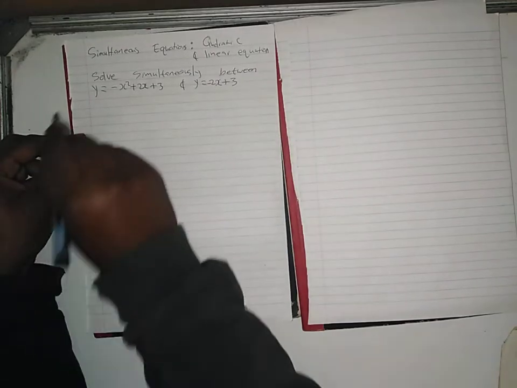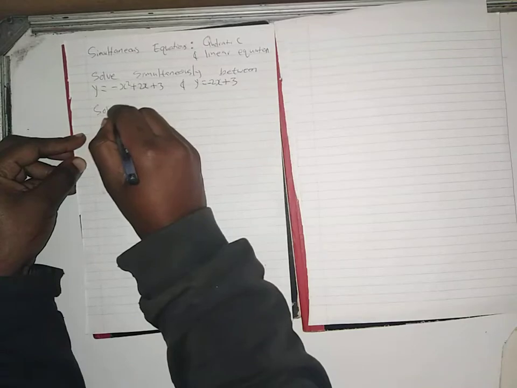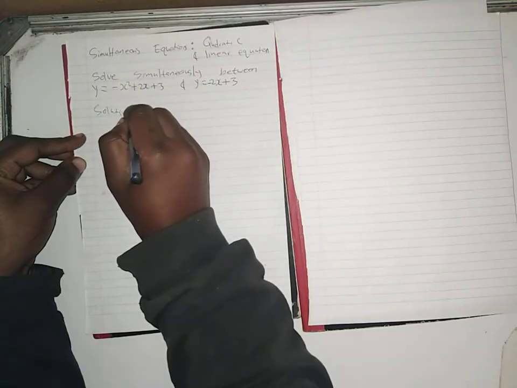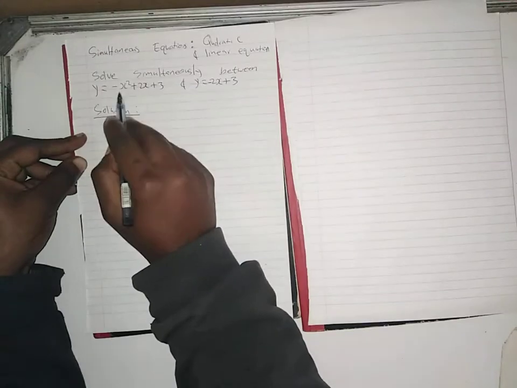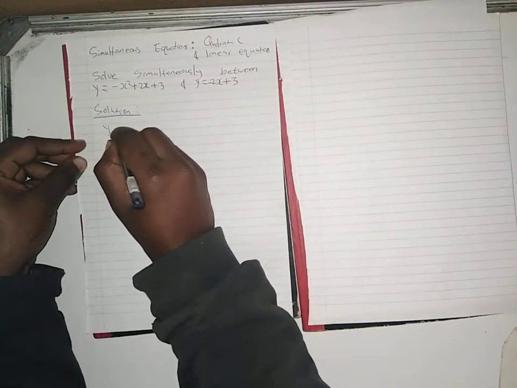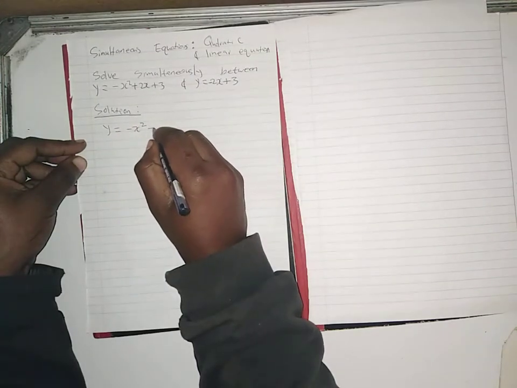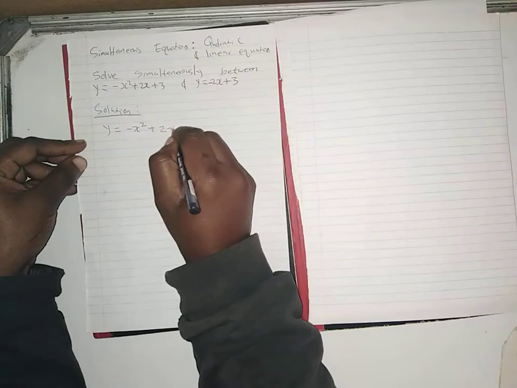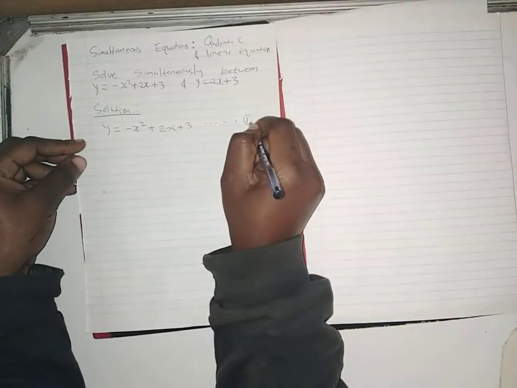The first thing that you're going to do, solution: you take one of these equations and make it equation 1. So you say y is equal to minus x squared plus 2x plus 3, you can take any, it doesn't really matter, and this is equation number 1.